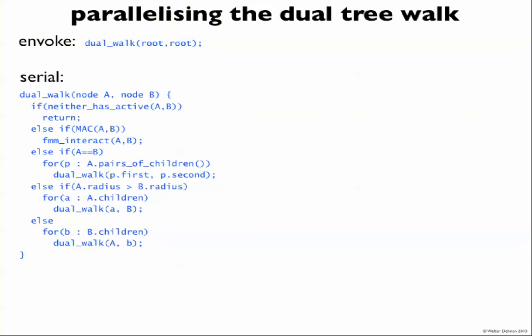If it's a self-interaction, as in this case, we essentially loop over all the pairs of children of this node, and we walk on all these pairs. Otherwise, if it's a mutual interaction, we break the bigger of the 2 cells up. So we loop over the children of A and walk again over the children of B. This here is standard C++ code, so everybody should understand that.